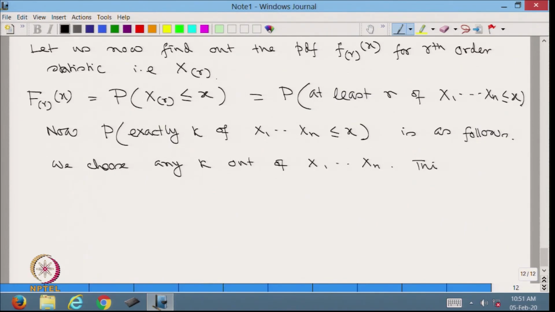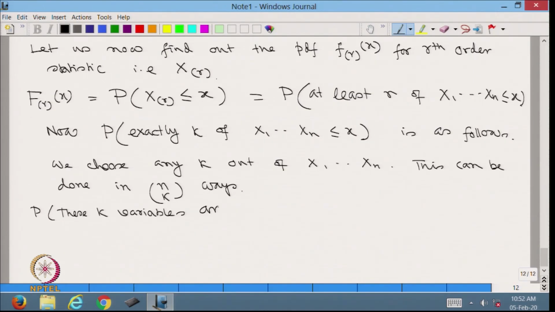This can be done in nCk ways. Probability these k variables are less than or equal to x is equal to F(x) to the power k.